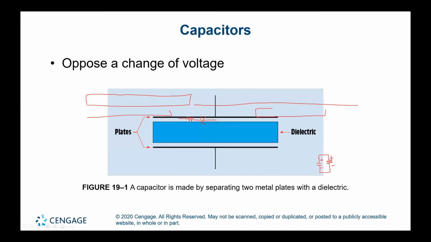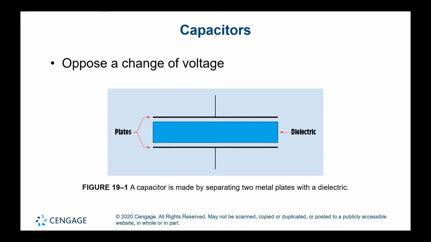Okay, so now, how are capacitors built? The capacitor is just two metal plates which are separated by a dielectric material. A dielectric material is just a material that is very, very thin. It's paper thin. And it has the ability to isolate the two plates.